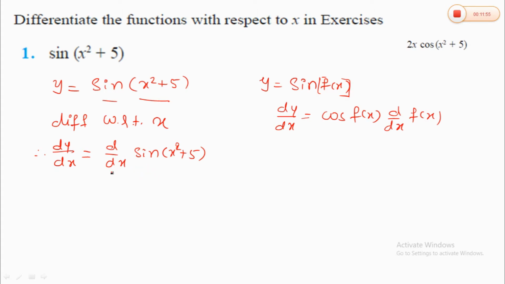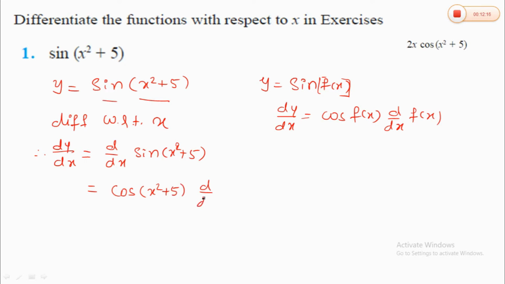While differentiating, we first approach sine, so find the derivative of sine, which is cos of f(x), here cos of (x square plus 5).